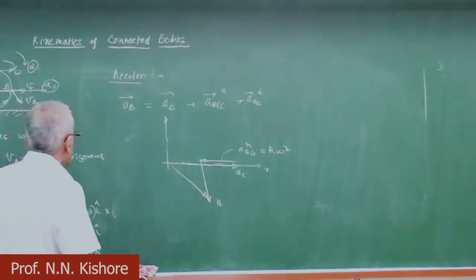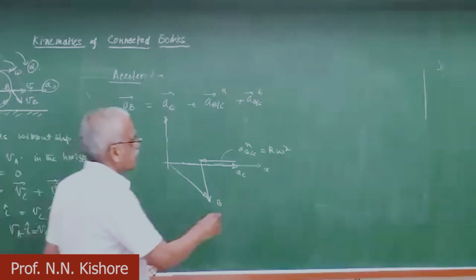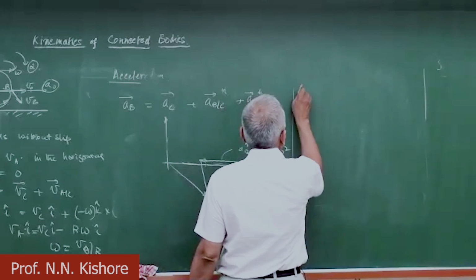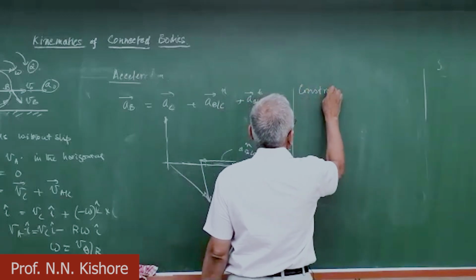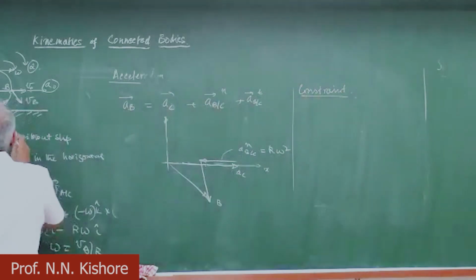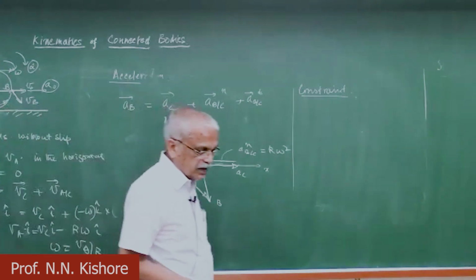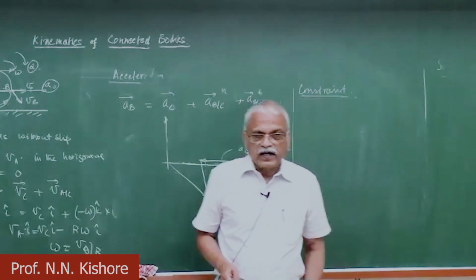So for that, again, we go for the constraint here. The point A, the constraint as far as acceleration is concerned, as far as A and A prime are concerned, the velocity of A, the horizontal component of A, is 0.